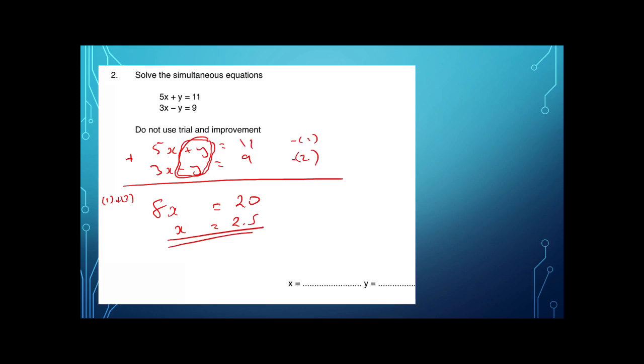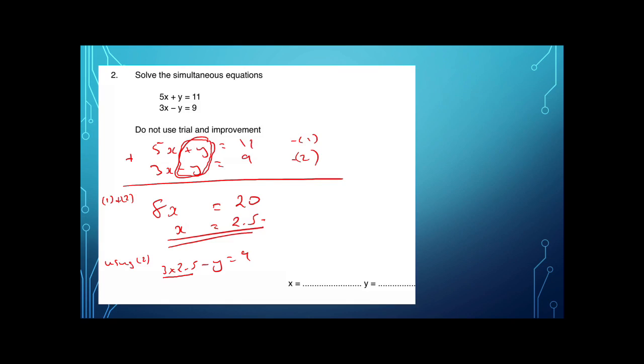Now I want to find the value of y. I can use any of the equations. Why don't I use the second equation? So using equation 2 and the value of x of 2.5, so 3 times 2.5 minus y is equal to 9. Now 3 times 2.5.